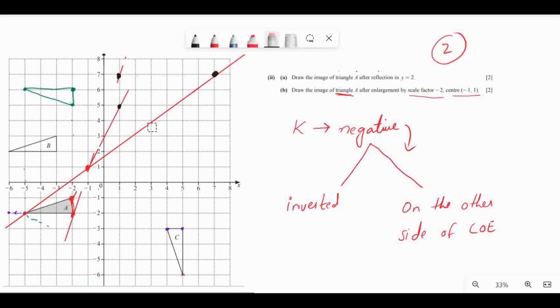Now we can remove the other extra lines and draw the shape. This will be the required shape. This will be the final answer.